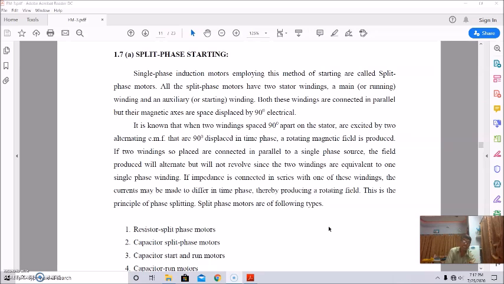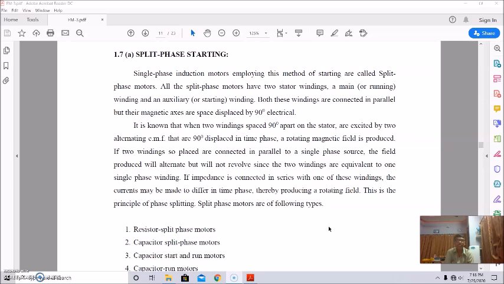When we discussed the constructional features in the last class, we discussed in which way, in the stator slots, the auxiliary winding and the main winding have been placed and connected.